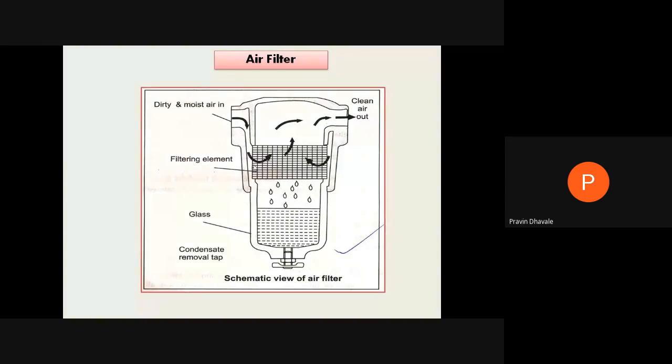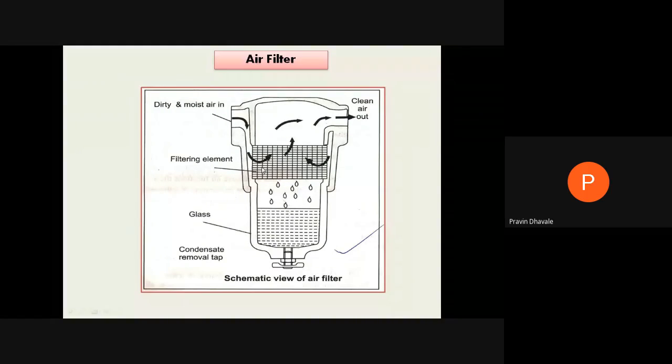Deflectors deflect the air and provide a swirling motion to it, so that heavy dust particles and water particles fall down and accumulate in the base of this air filter.